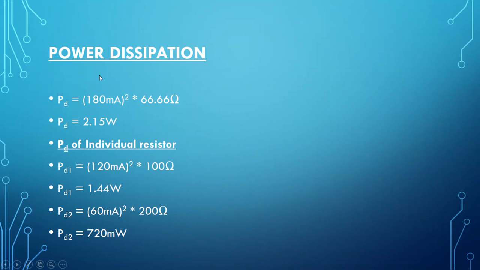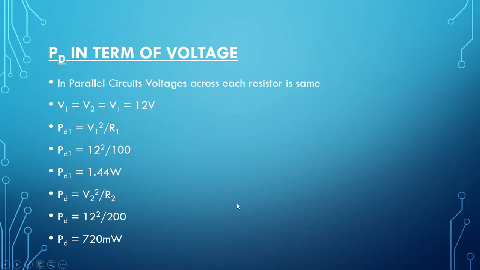So the total power dissipation of this circuit will be 180 milliampere square into the total resistance. So the power dissipation will be 2.15 watt, and for the individual resistors, the power dissipation of resistor 1 is 1.44 watt and resistor 2 is 720 milliwatt.